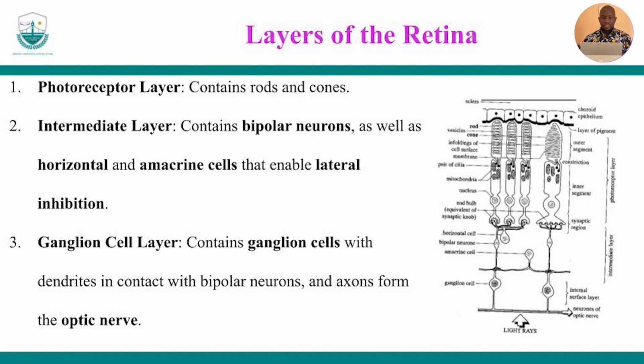Okay, so it is the axons from these ganglion cells that form the optic nerve that carries this information to the brain. So all these connect and then lead to the optic nerve that will take the information to the brain.